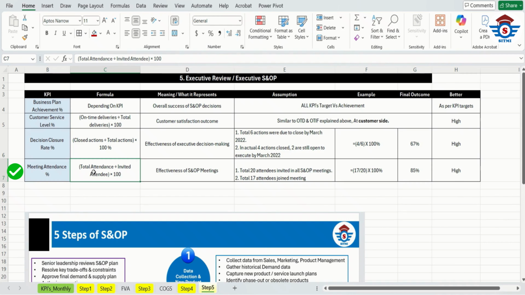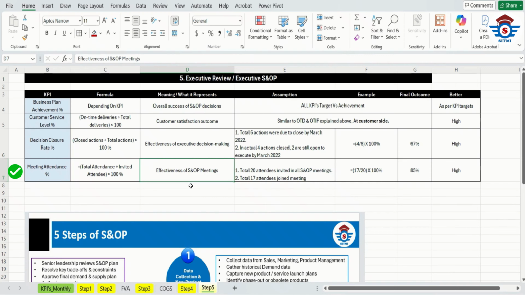And this also ensures that everyone is actually heading towards right direction. Now, formula for this is metric of meeting attendance percentage is nothing but that is equal to total attendance divided by invited attendees times 100%. Now, what it tells about effectiveness of S&OP meetings.